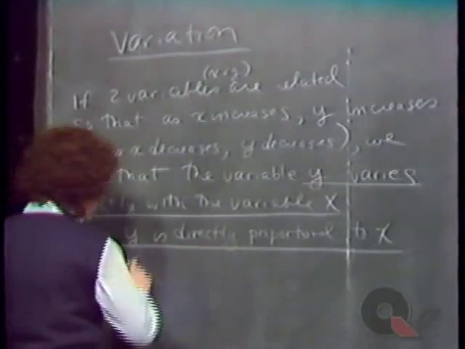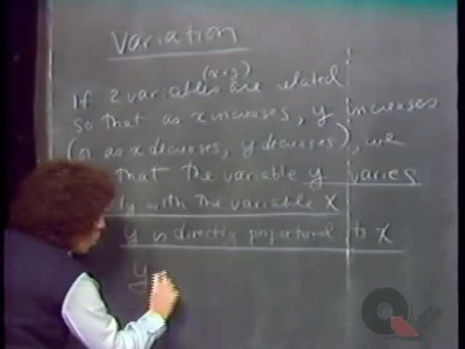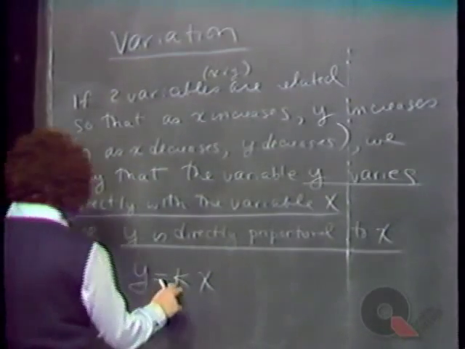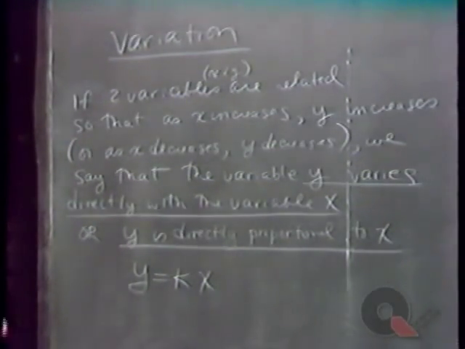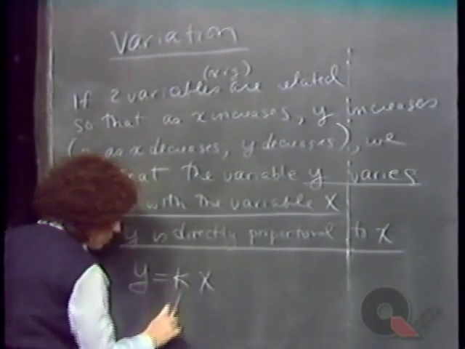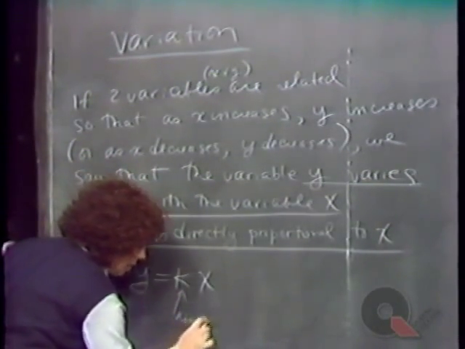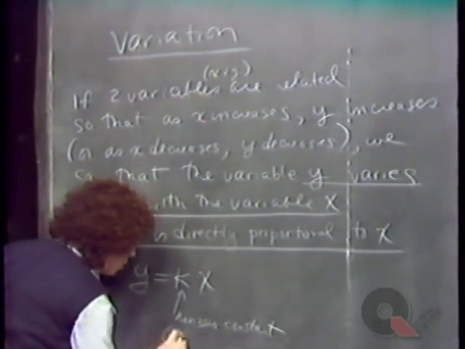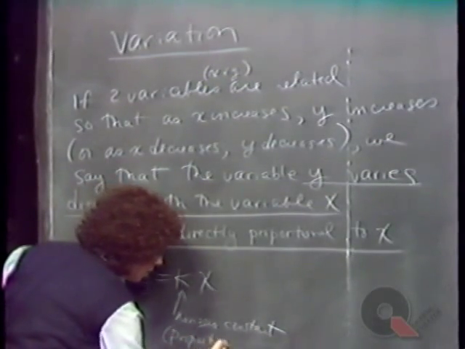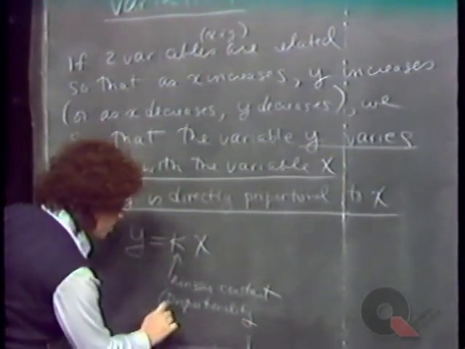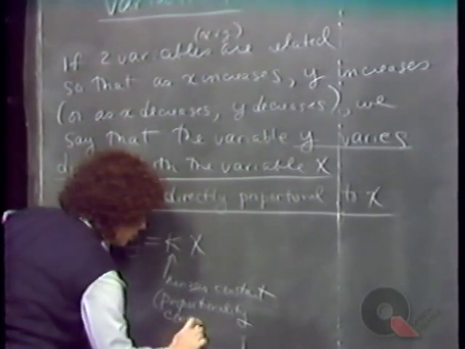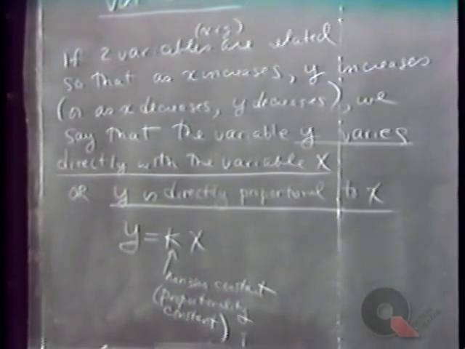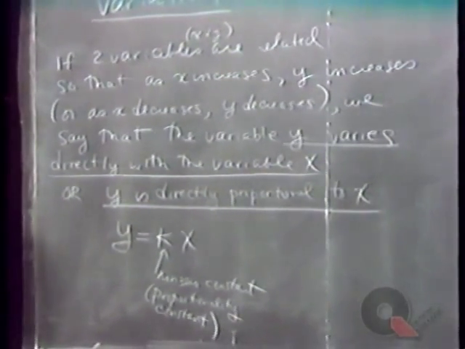We can express this relationship algebraically in the following way. y equals kx, where k is a non-zero constant called the proportionality constant, or the constant of proportionality. It could also be called the constant of variation.